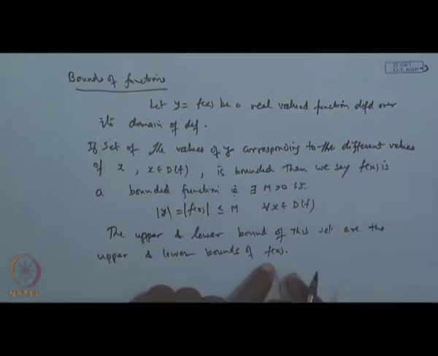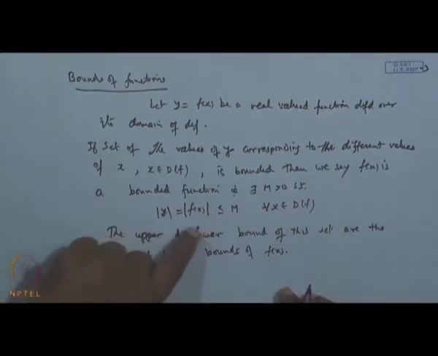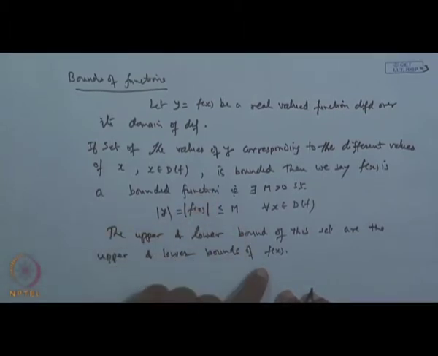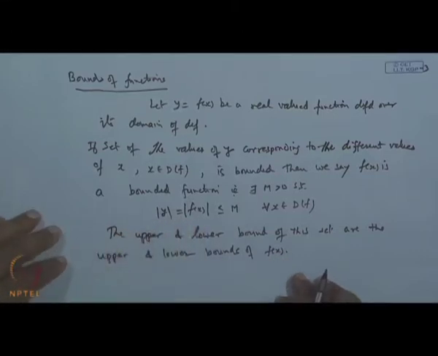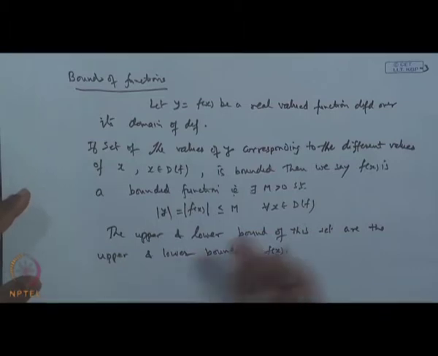That is, if you want the upper bound of f(x), then find all the images and among these images find the upper bound. That upper bound will be the upper bound for f(x), and similarly the lower bound. If this upper bound is finite, fine, otherwise this may be an unbounded set, if we are not able to get M to be finite. Okay.